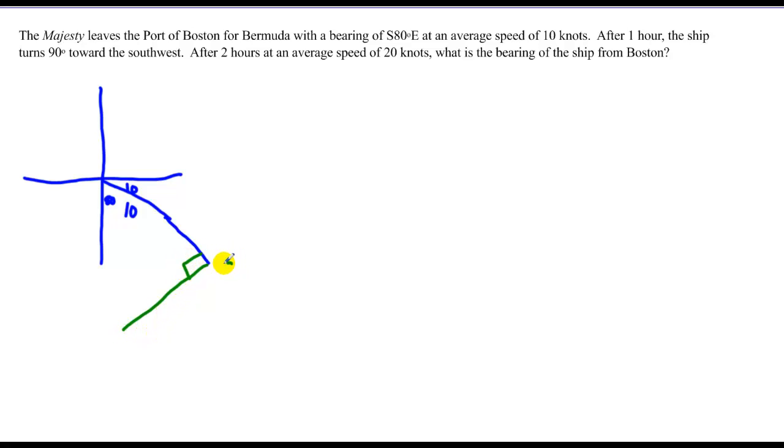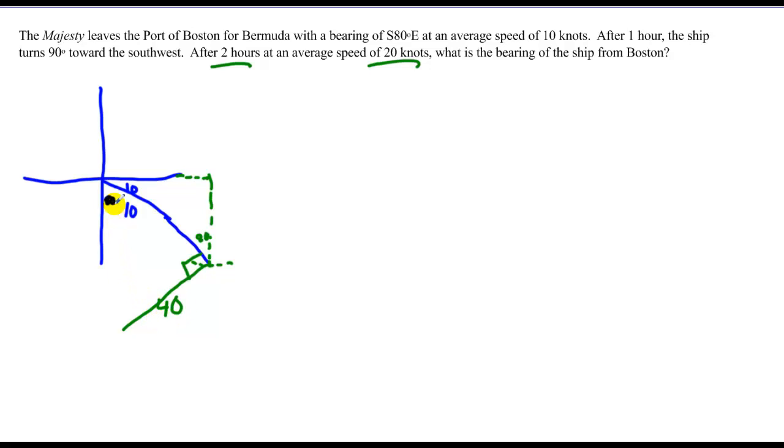What I'm going to do, just to make life easy, is create a new axis. I'm going to draw some things in. So I know that if this was 10 degrees, this is 80 degrees. And I know that this length is 10. I know this green length, since it goes 2 hours at 20 knots, is 40.